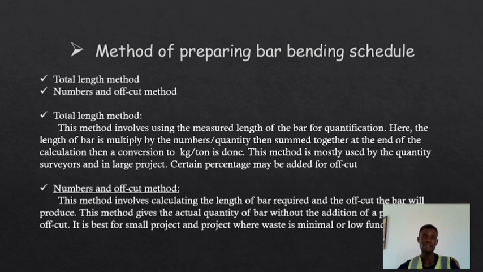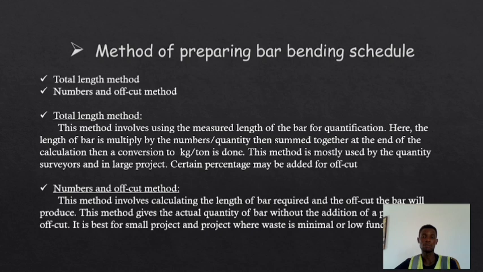I said there are two methods of preparing bar bending schedule, which I title as the total length method and the number and off cut method. The total length method is the method everybody uses in doing their bar bending schedule, which is to get the length of the reinforcement and multiply that by the quantity you need.